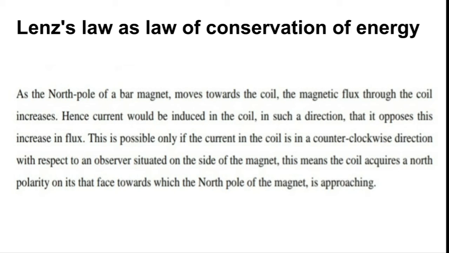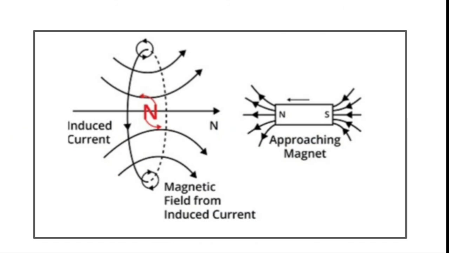This means the coil acquires a north polarity on its face towards the north pole of the magnet when it is approaching. This we have already discussed. Here, when the north pole of the bar magnet approaches the loop, north itself will be induced on the loop so that current will be flowing in anti-clockwise direction.